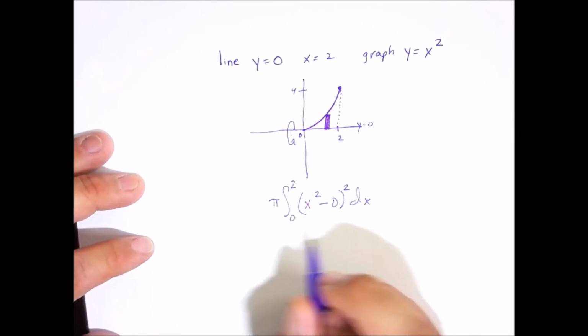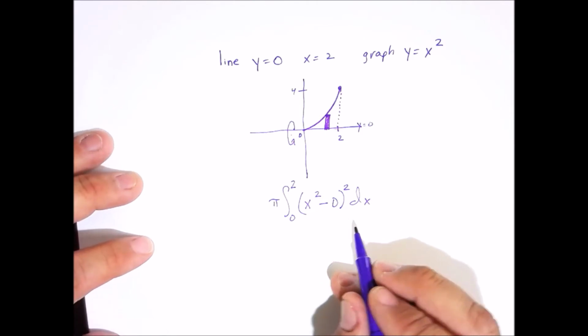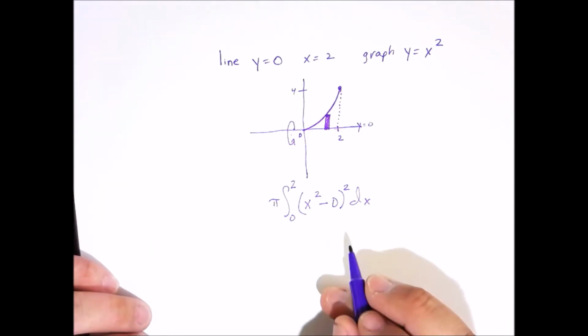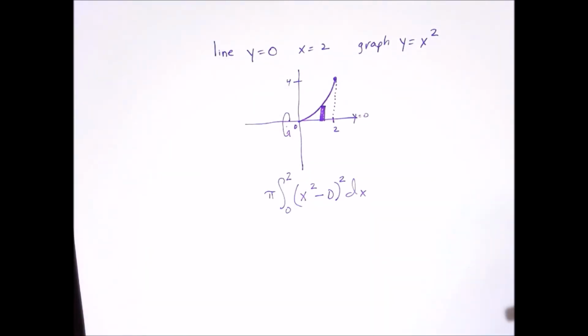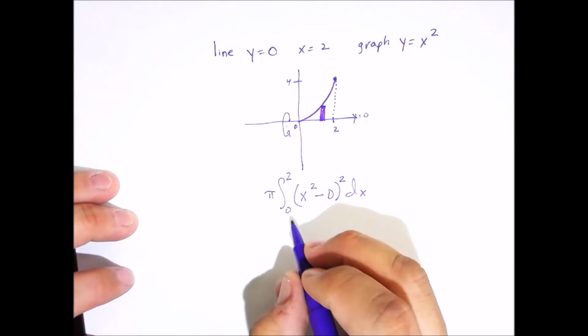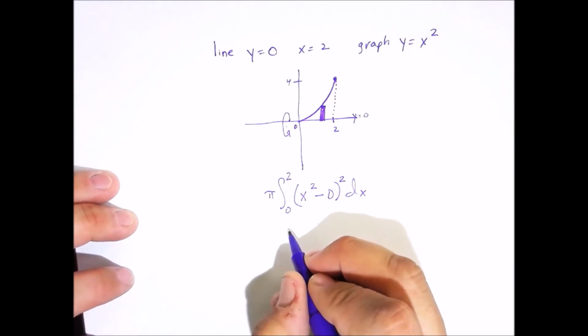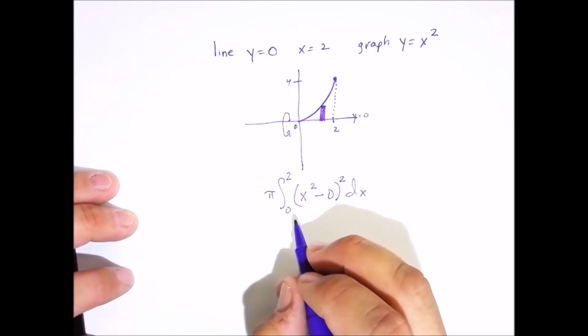Now we're set up. Take a minute and solve. All right, Mr. Kirby, what did you do? So first, I picked my u, which was x squared minus 0. No. Really?